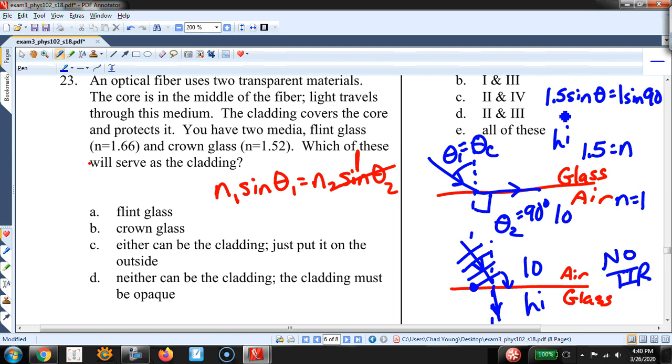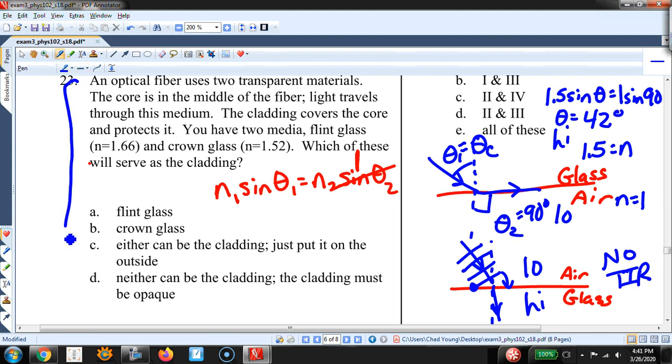And then I'd solve that for theta, and I would find that theta is the inverse sine of 1 divided by 1.5, so that's the inverse sine of 2/3, or 0.67, which is 42 degrees. So that would be my angle. Let's look at number 23.